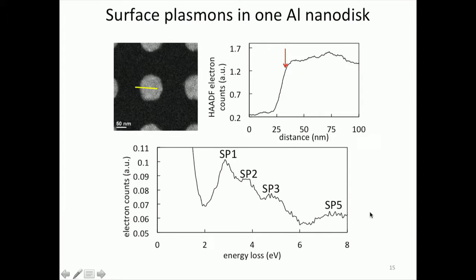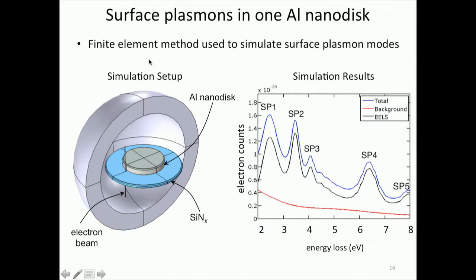So for that, we performed a finite element method simulation of the charge distribution, the charge induced in these particles with an electron beam excitation. To do the simulation, here I show the setup. What we simulated is a silicon nitride substrate, and then we simulate an electron beam going through it, just like an experiment.